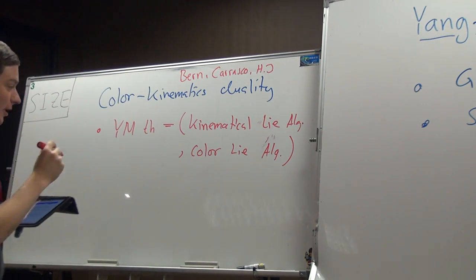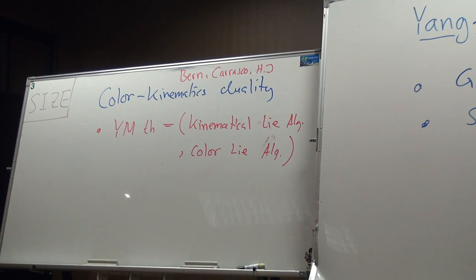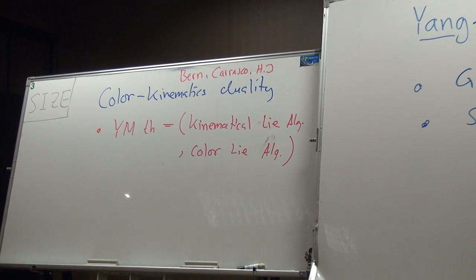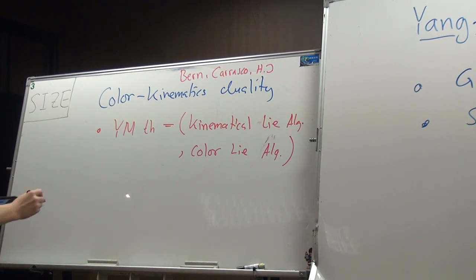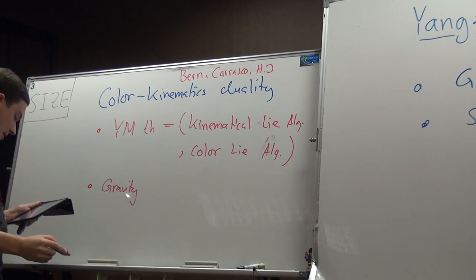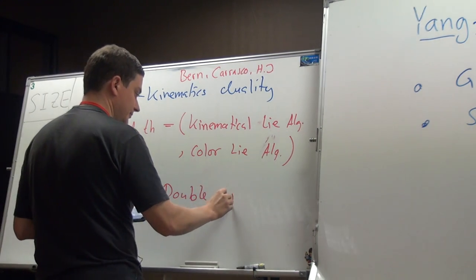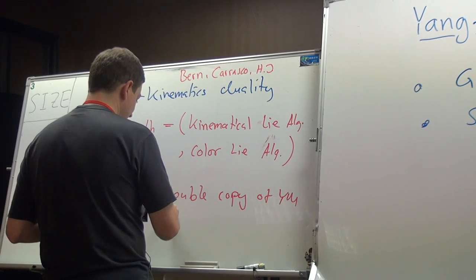And these two behave in the same way. That's the origin of the word duality: these are on equal footing to each other. Specifically, what you can do is construct a theory which just has two copies of kinematical Lie algebras, and this is how you get gravity. So that's a double copy of Yang-Mills, or of this kinematical algebra.